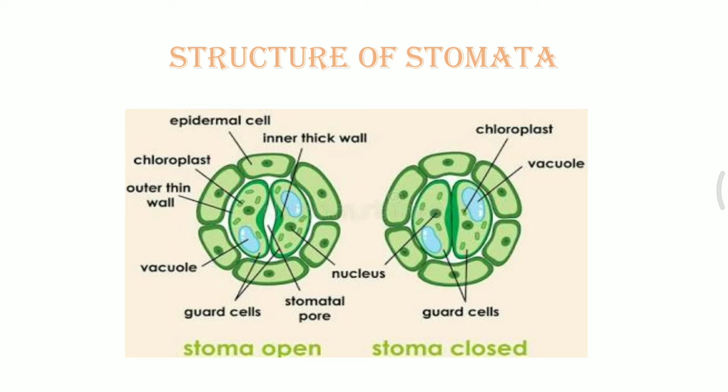The structure of stomata is such that it includes the epidermal cells. The epidermal cells are arranged in the periphery of the guard cells. Guard cells are basically kidney shaped structures in case of dicot plants, whereas in case of monocotyledonous plants, we see that they are dumbbell shaped.